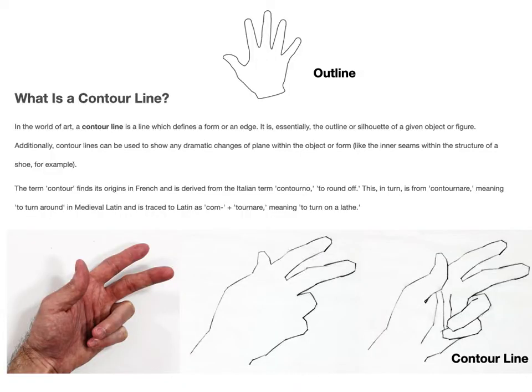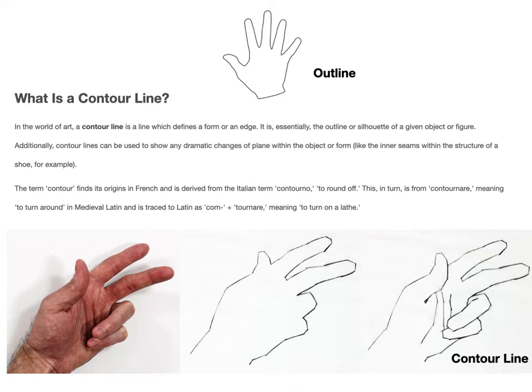So as an example of a contour line, we're looking at the image of a hand. You can see the photograph at the bottom, and you can see the outline of the shape that the edges of the hand make.